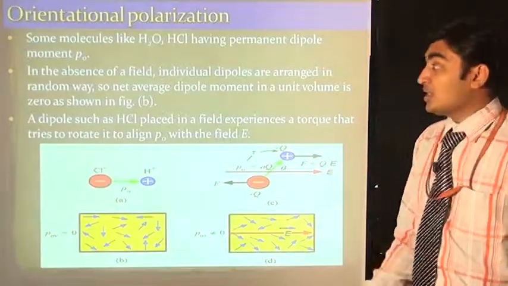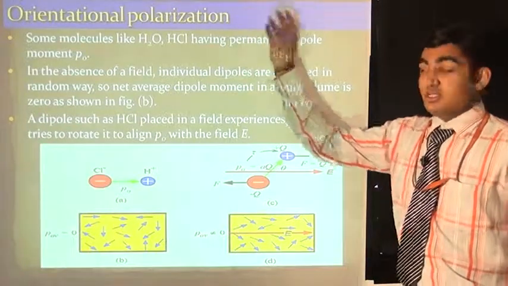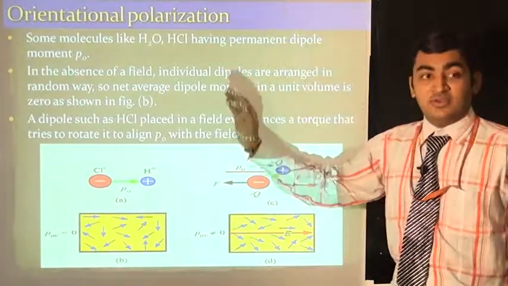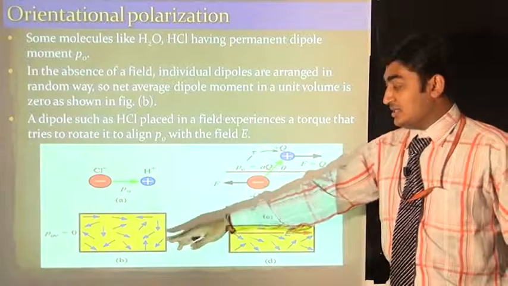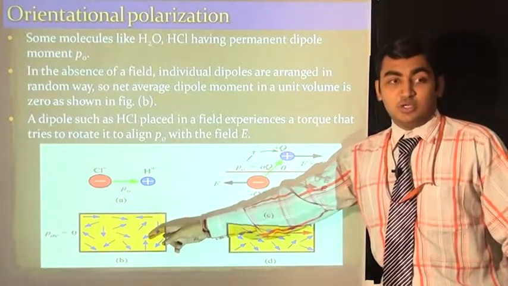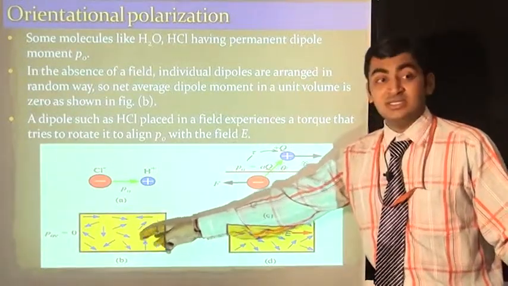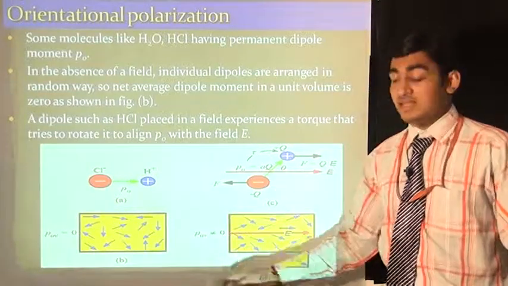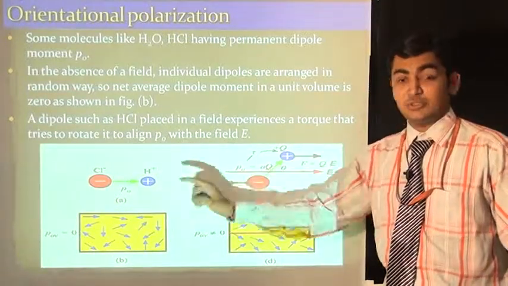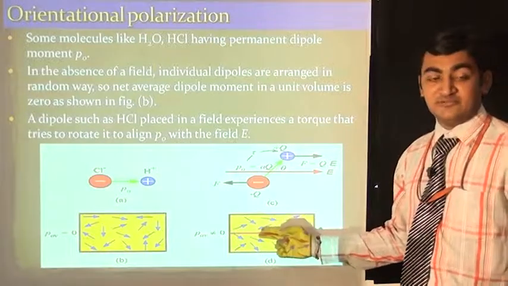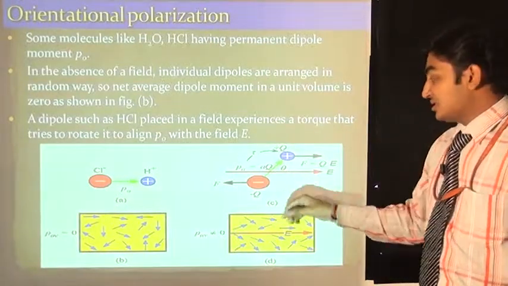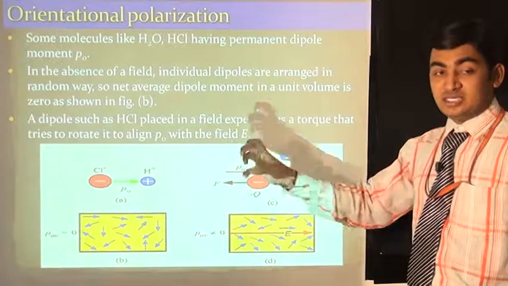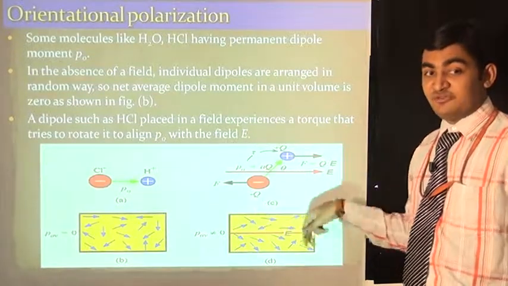and as we know, changes in displacement will generate dipole moment and it will give you polarization. Orientation polarization. In orientation polarization, in the absence of an electric field, all the electric domains are arranged randomly and total polarization is equal to 0. When we apply an electric field, all the dipoles come in the direction of the electric field.